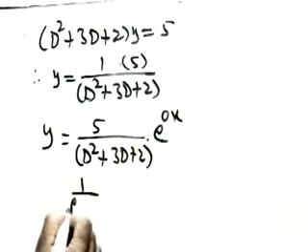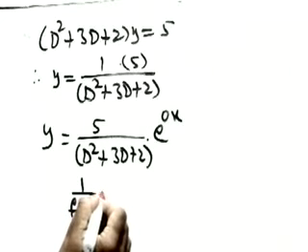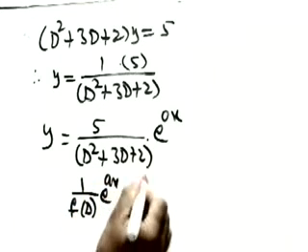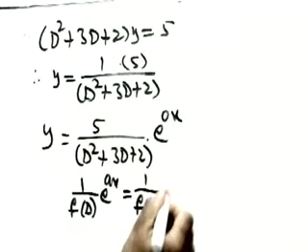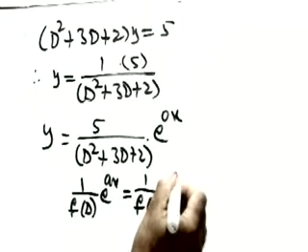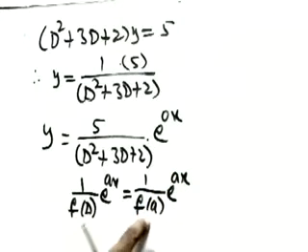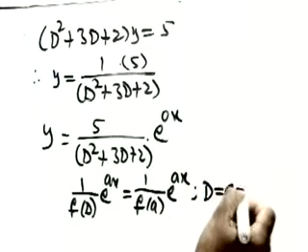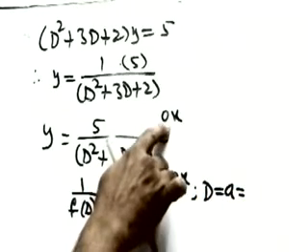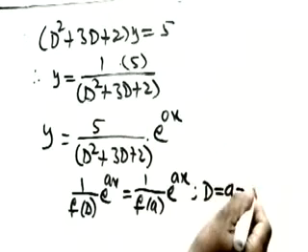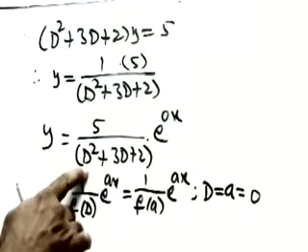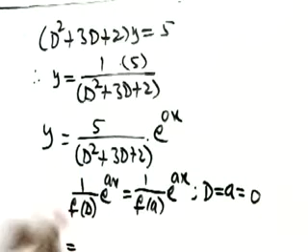Now compare with the formula 1/f(D) e^(ax) = 1/f(a) e^(ax). So in place of D we have to write a. Now what is the value of a here? In e^(ax), a is 0. So that means we have to keep D = 0.